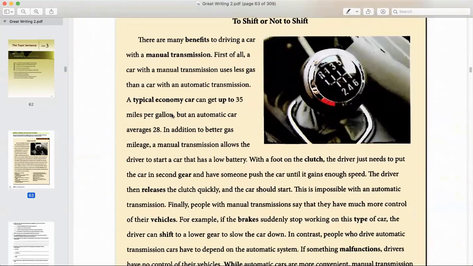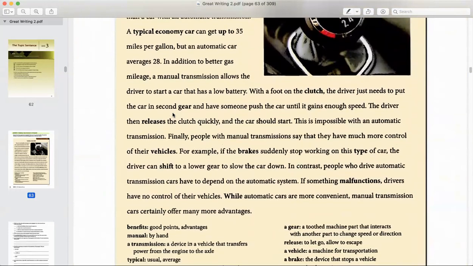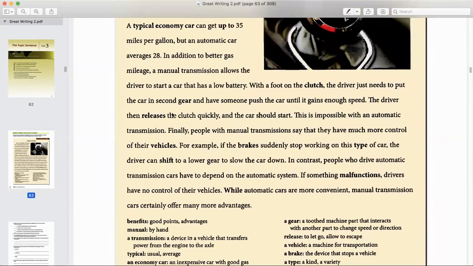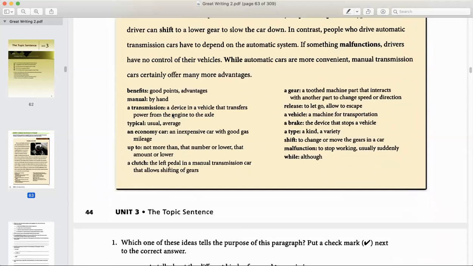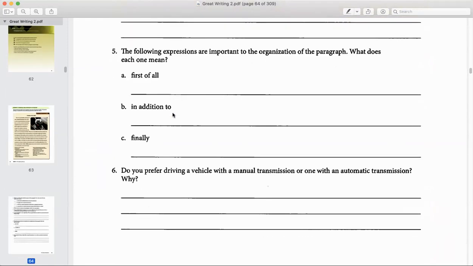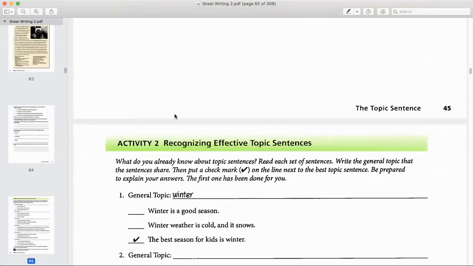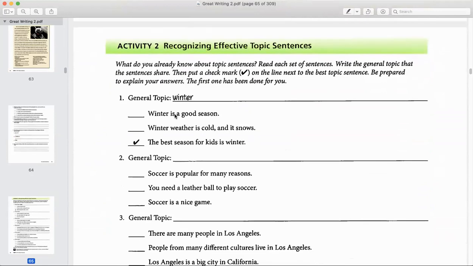If you want at home, you can go ahead and read it, but it's a little bit too much just to explain what a topic sentence is and give examples. So we're going to skip over that whole paragraph and activity, and we'll go down here to activity 2.